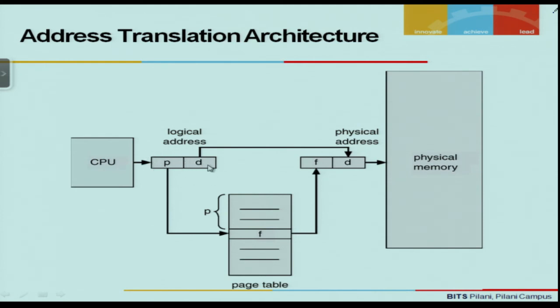Out of this logical address, since the page size is 2 to the power d, the d bits are used as an offset within the page, and the remaining part of the logical address gives me the page number. So the logical address can be conceived as having two parts, a page number and an offset.